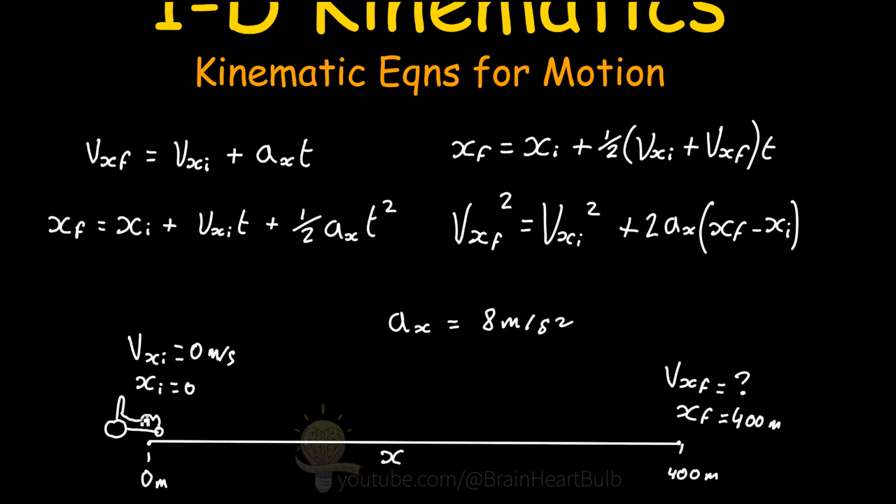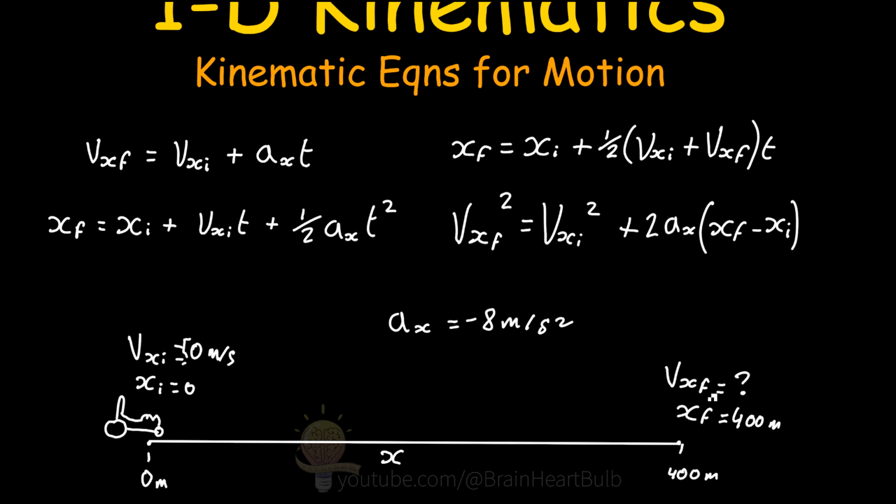Now you could have a situation where you're measuring a deceleration. So say if this drag car is moving at 50 meters per second and it's slowing down at a constant rate of minus 8 meters per second squared. The initial velocity would be 50 meters per second, and we'll keep the initial position at 0 meters.